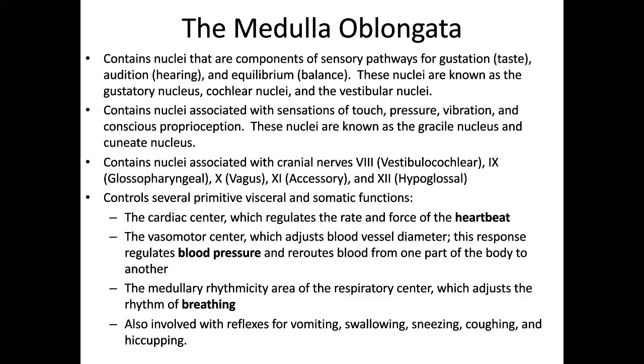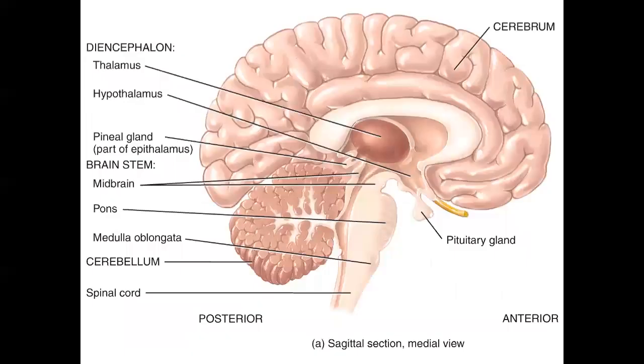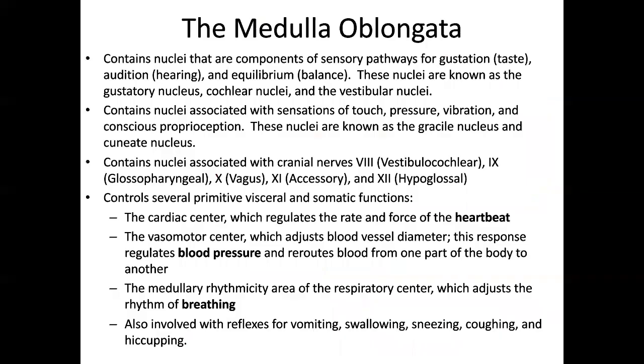Remember what we just learned: your brain is made up of about 85 billion neurons. Those neurons put themselves together in a coordinated manner. If you think back to the anatomy of a neuron, when you have a cluster of neurons, you're going to find all the cell bodies together. You're going to find all the axons together.